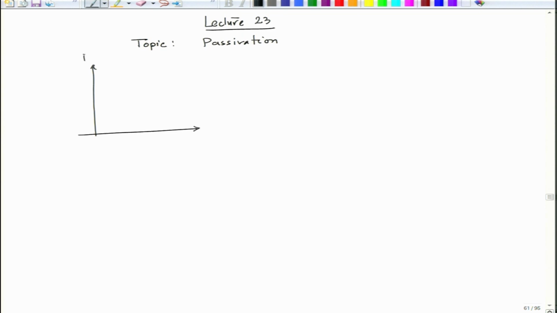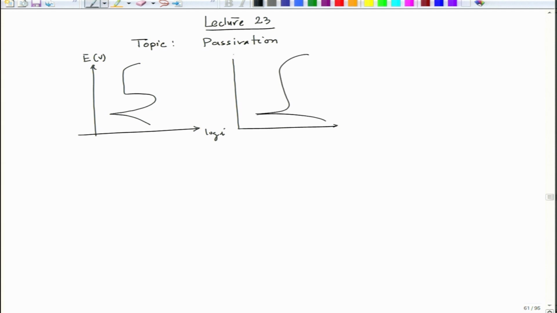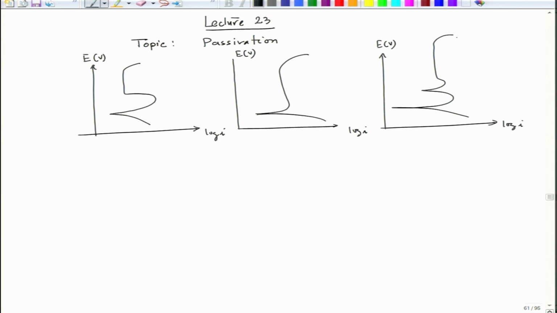This is E and this is log I. One variant was like this, and the second variant was like this, and the third variant was like this.